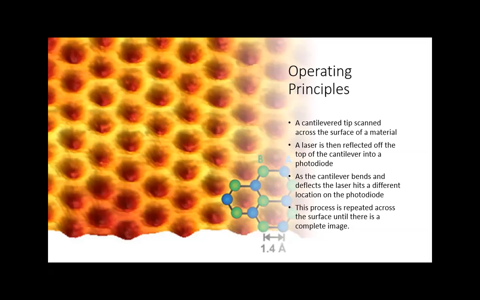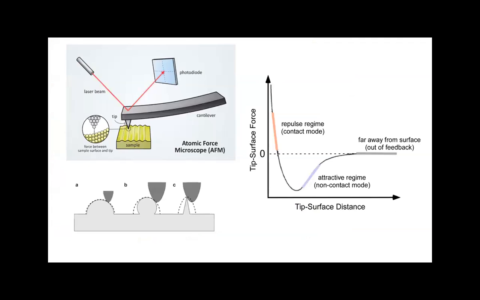When we run this along a surface, the surface will make the cantilever deflect and thus change the angle of the laser. We can use computer control software to determine how much it's deflecting and what the surface looks like. There are a couple of different techniques for doing this. Here's a better diagram of what's going on.